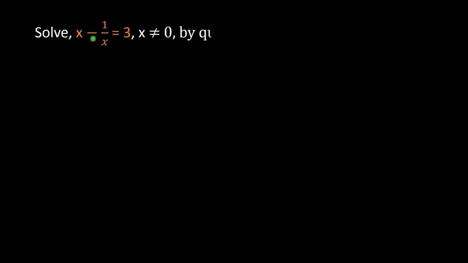Solve x minus 1 divided by x equals 3, where x is not equal to 0, by the quadratic formula. First, we will multiply throughout the equation by x. So it will be x multiplied by x squared, minus 1 divided by x multiplied by x will be minus 1, and x multiplied by 3 will be 3x.